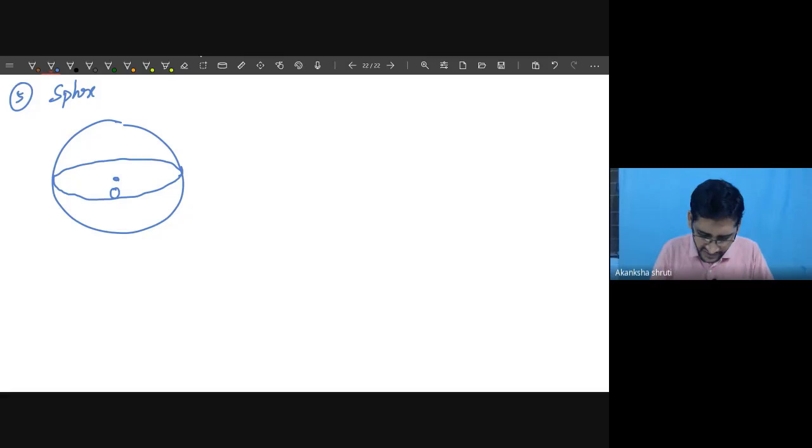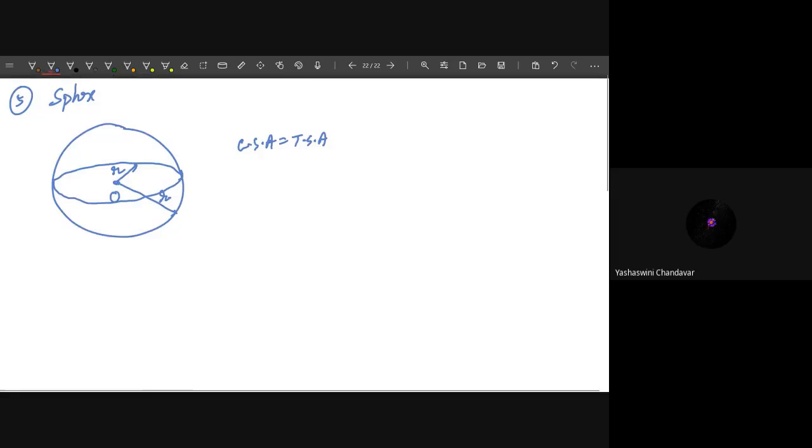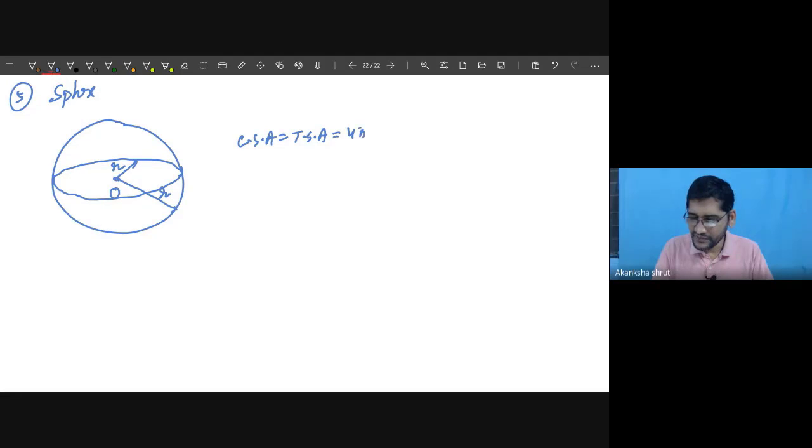Here this is also R, and all of these are R. This is the complete sphere. In this case there is no top or base, so the CSA is the same as the TSA. It is 4 pi R square. And the volume is also very simple, it is 4/3 pi R cube.